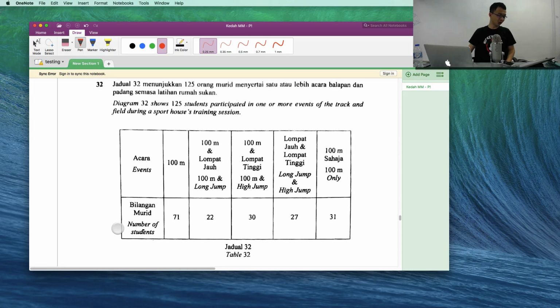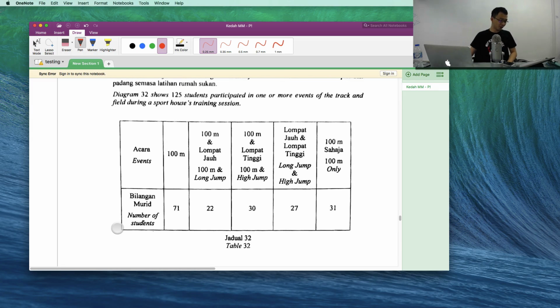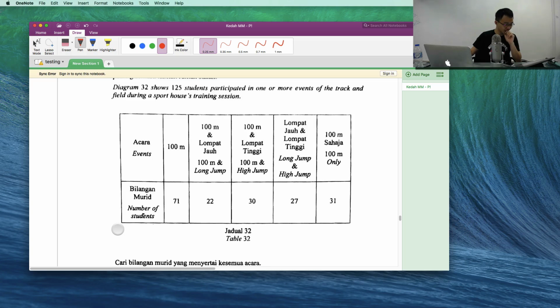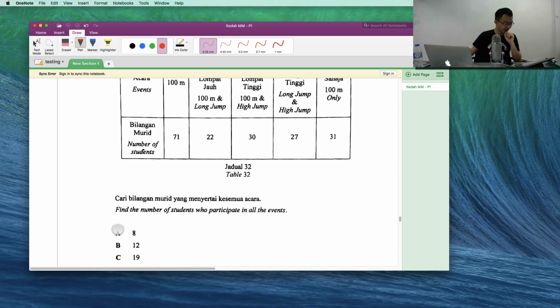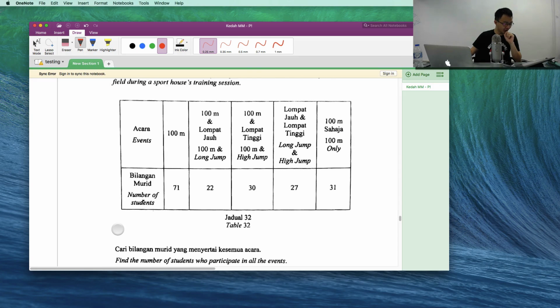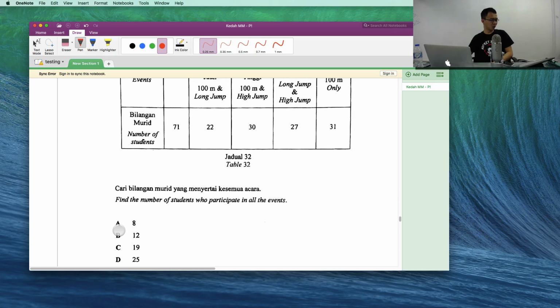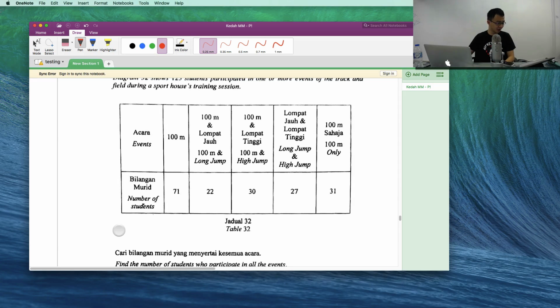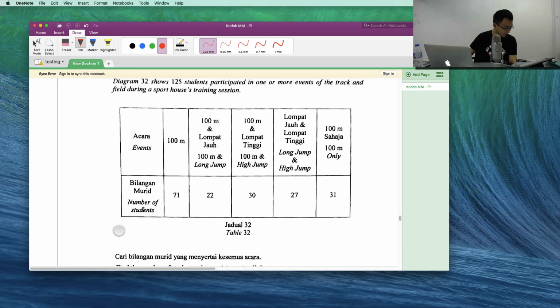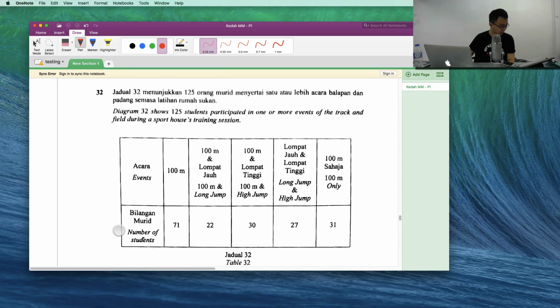Diagram 32 shows 125 students participating in one or more events of track and field during the sports house training session. Find the number of students who participate in all the events.